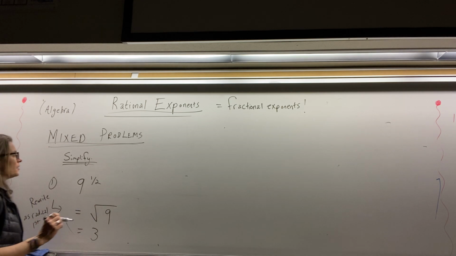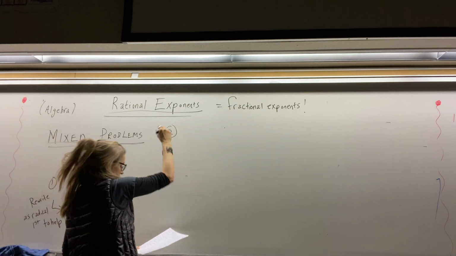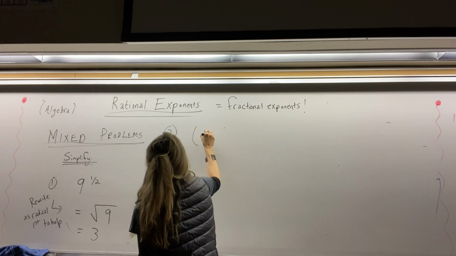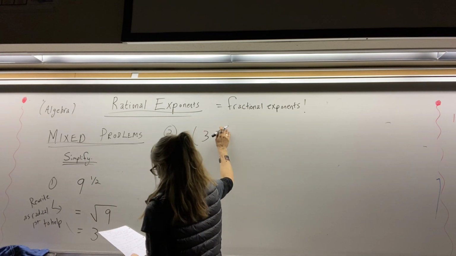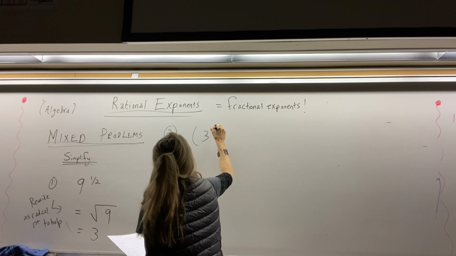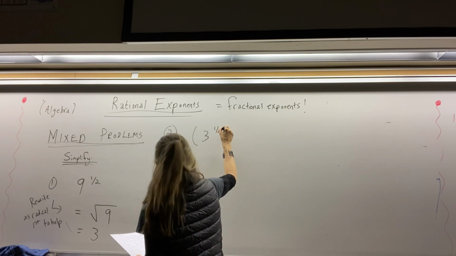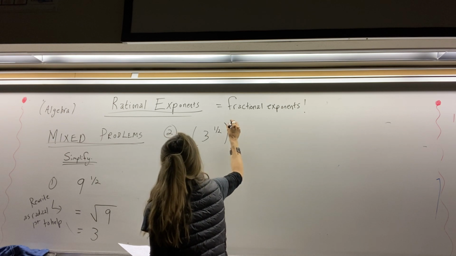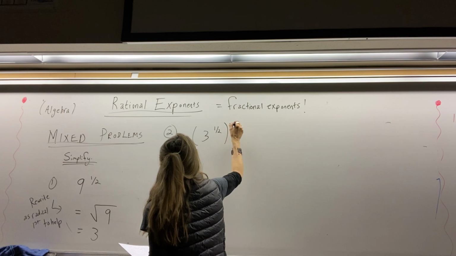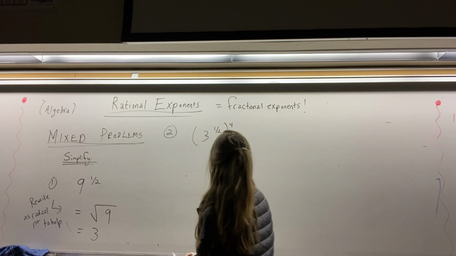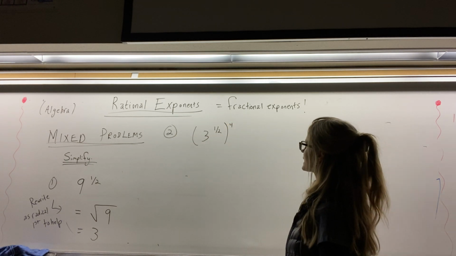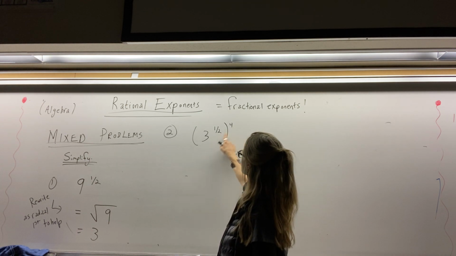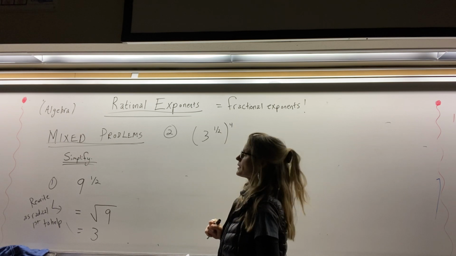Okay. Another problem in simplifying. Let's say we have 3 to the 1/2 and a case like this, to simplify, I would apply my rules of exponents first, and then rewrite it as a radical.